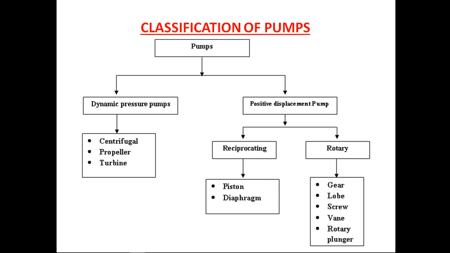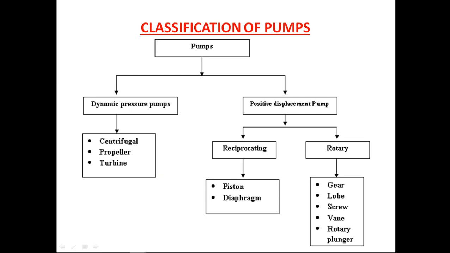This increase in energy is then converted to a gain in potential energy or pressure energy. The dynamic pressure pumps are mainly classified into centrifugal pump, propeller pump, and turbine.